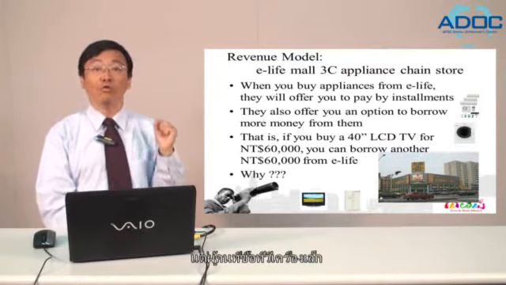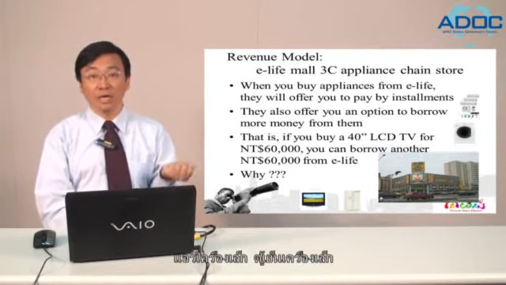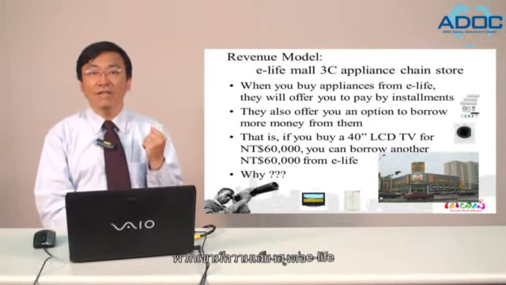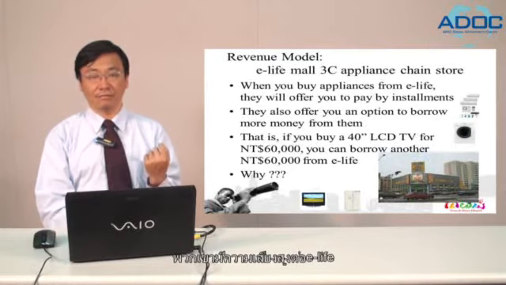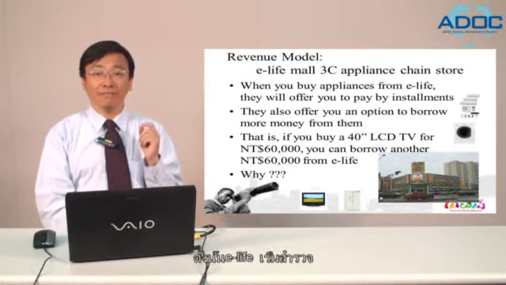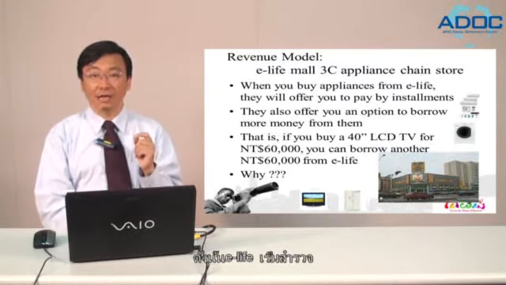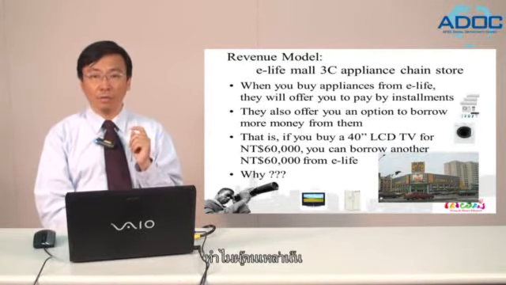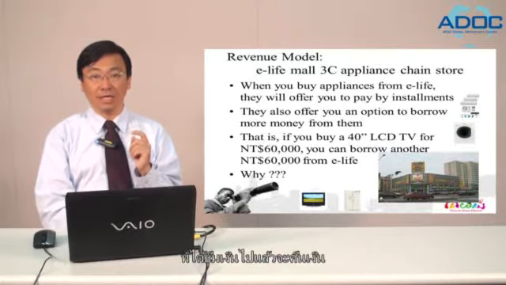But those who buy a smaller TV, smaller air conditioner, or smaller refrigerator actually present an even higher risk for eLife. So eLife began to investigate why that could happen. Why do those people who borrowed more money return the money?